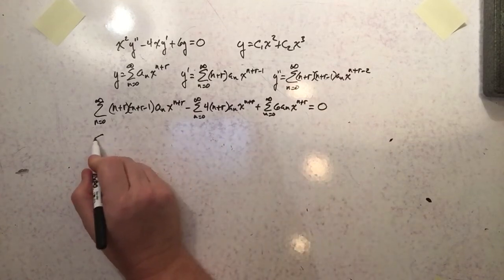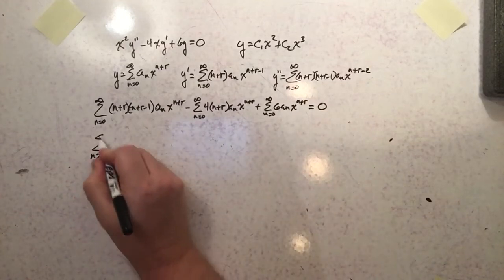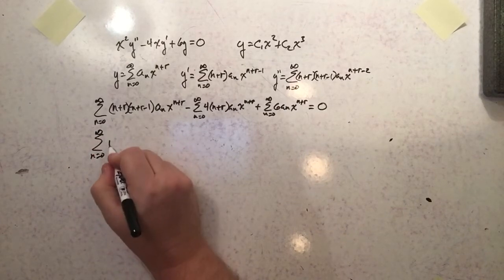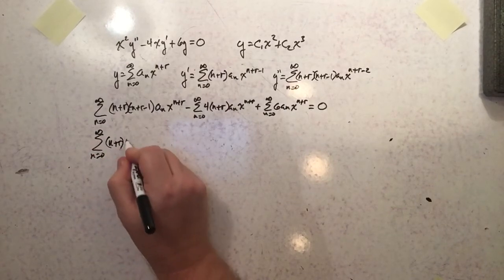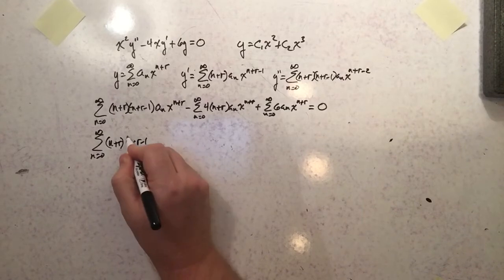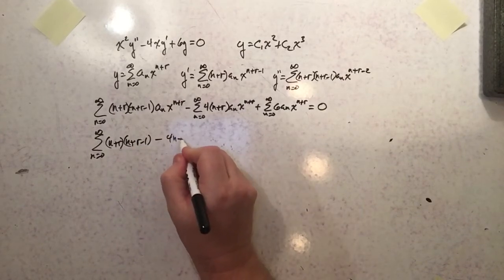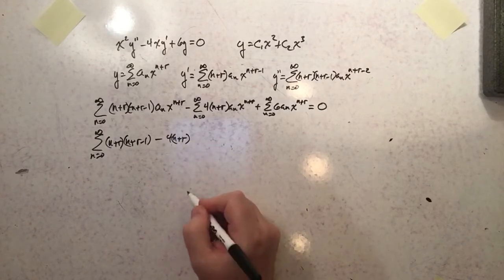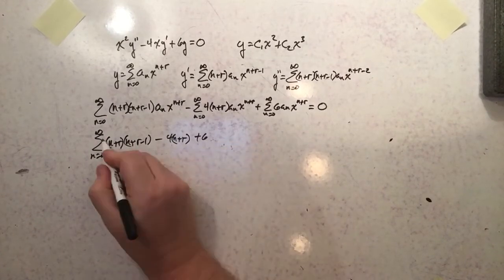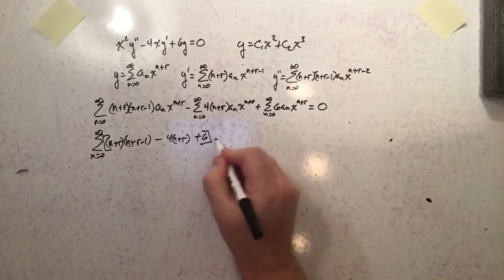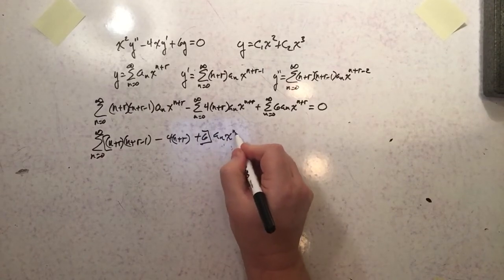So this will be a single summation, n equals 0 to infinity of n plus r times n plus r minus 1 minus 4 times n plus r plus 6, and then all of that is times a n x to the n plus r.